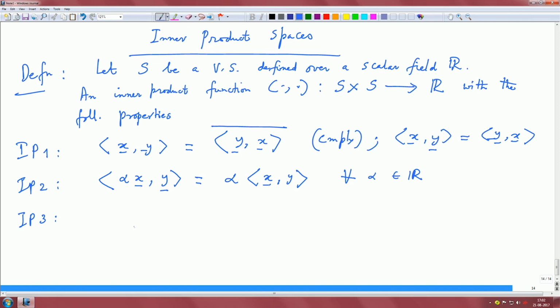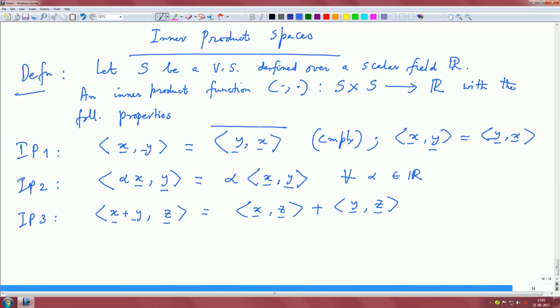The third property is basically distributive. You take x plus y and take the inner product with z, and this is the inner product of x and z plus the inner product of y and z, right.